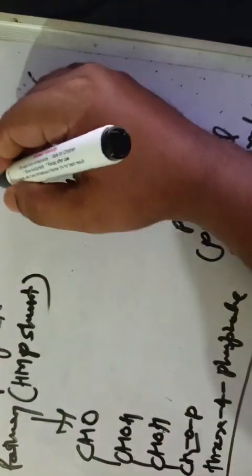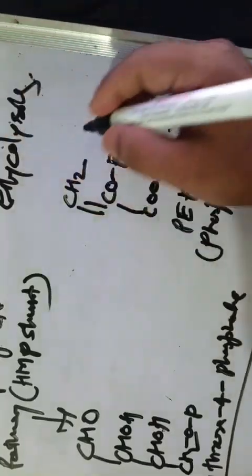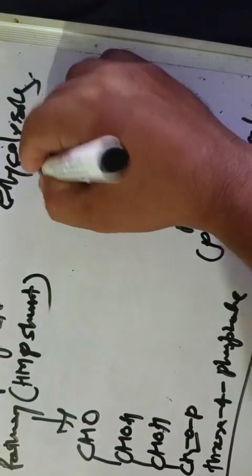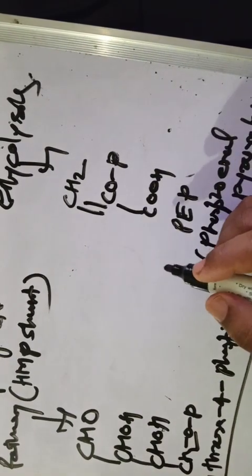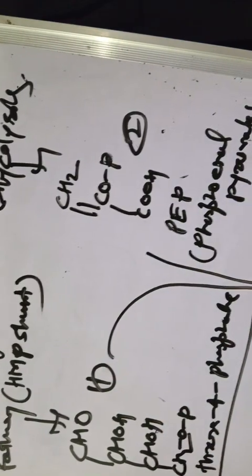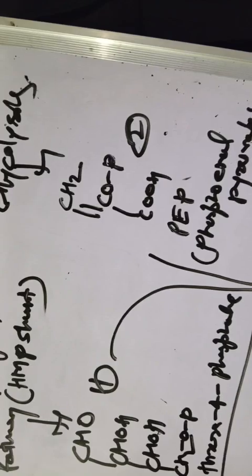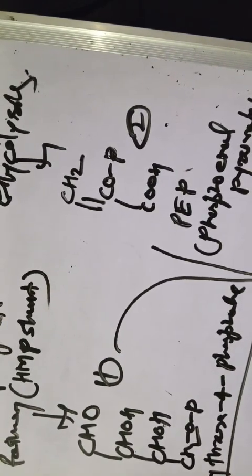This is obtained from glycolysis, which starts from glucose, and PEP is the product of glycolysis. These two compounds, erythrose 4-phosphate and phosphoenol pyruvate, are required for running the shikimic acid pathway.